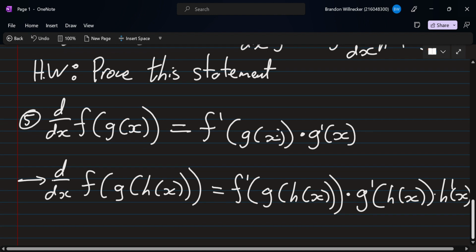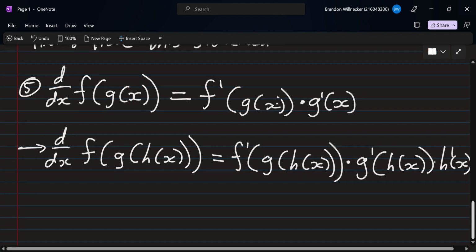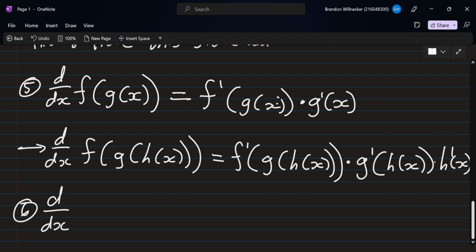Then again, this naturally extends to as many compositions as given. We can have f of g of h of k, and so on. We simply repeat this process. And then lastly, we have the quotient rule. So d by dx of f over g.